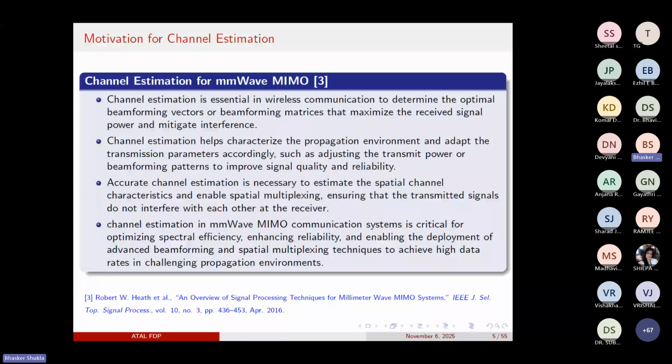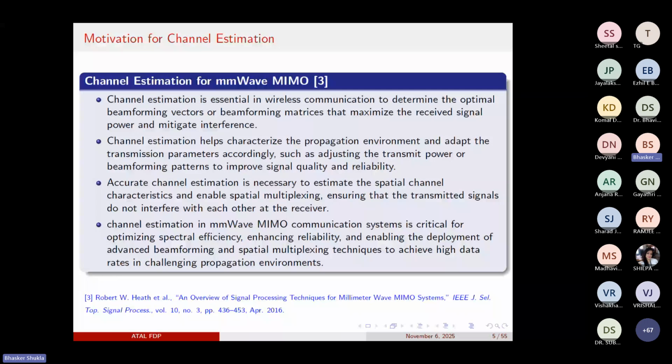As I have already said, channel estimation is important for optimal beamforming or beamforming matrices that maximize the received signal power and mitigate interference.